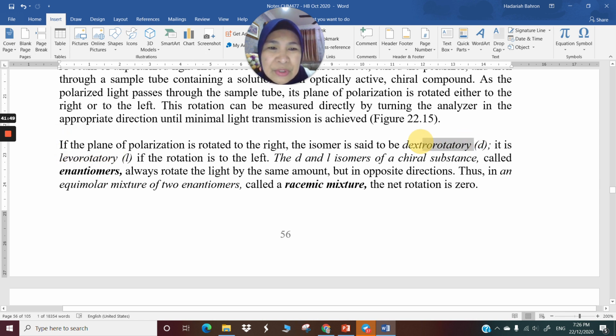So dextrorotary is the isomer that rotates light to the right, whereas levorotary is the isomer that rotates light to the left. D for dextrorotary, L for levorotary. The D and L isomers of a chiral substance are called enantiomers. They always rotate the light by the same amount.